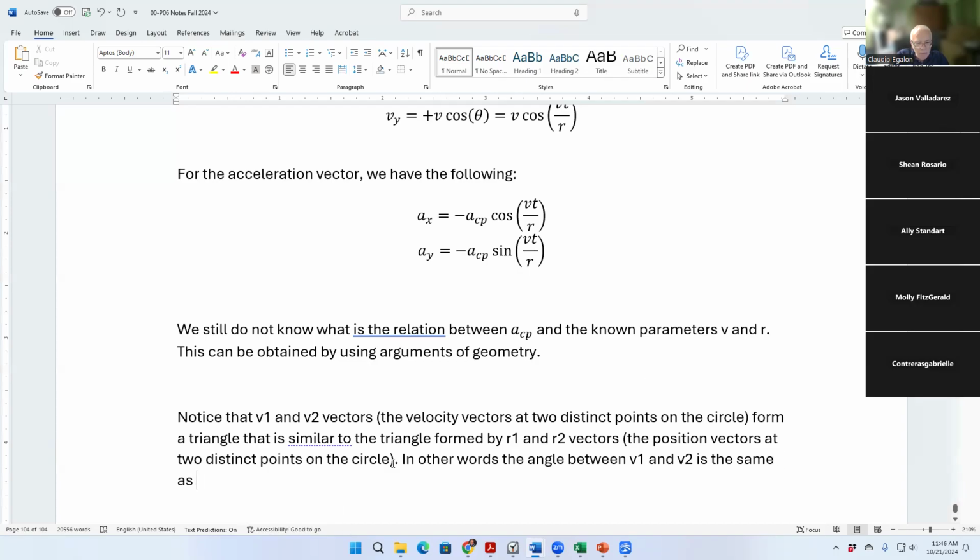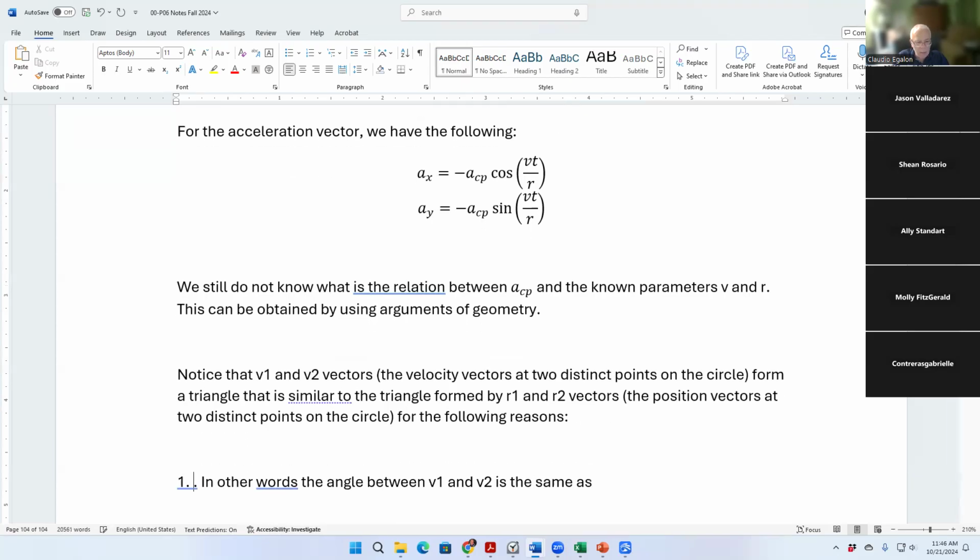Here you go. One, the angle between V1 and V2 is the same as the angle between R1 and R2. Okay? For the following two reasons. And two, one reason is not enough. Okay? You have to have a second reason.